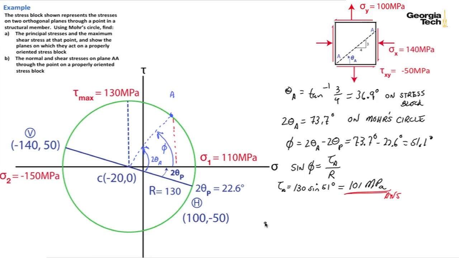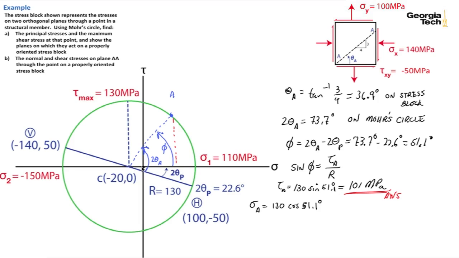Similarly, we can go and find the normal stress at point A. This is the adjacent side. We have the hypotenuse. So sigma sub A is equal to 130, the radius, times cosine of 51.1 degrees. And this should have been 0.1 degrees up here. But this radius, remember now, we want the normal stress from here to here.